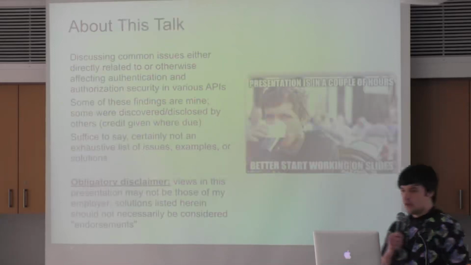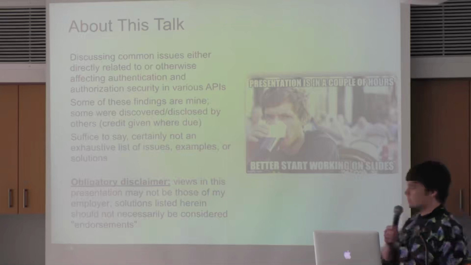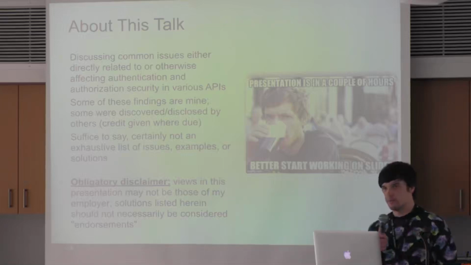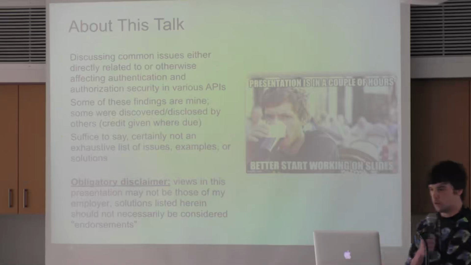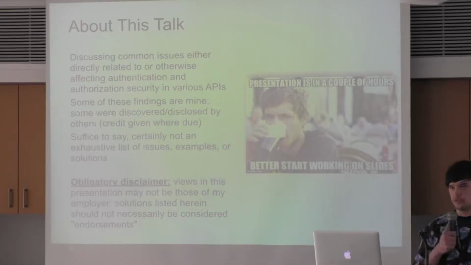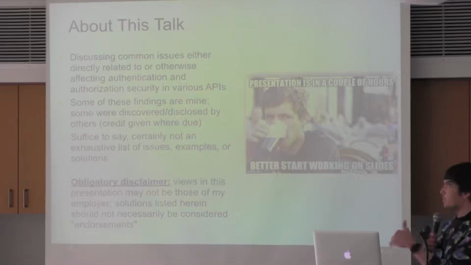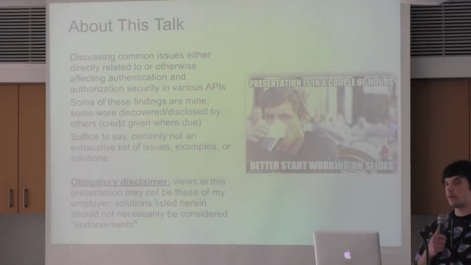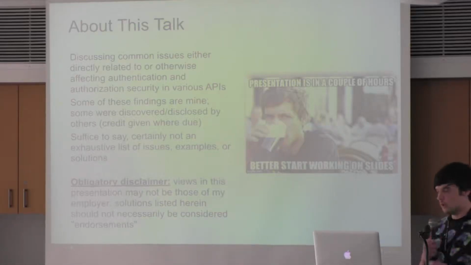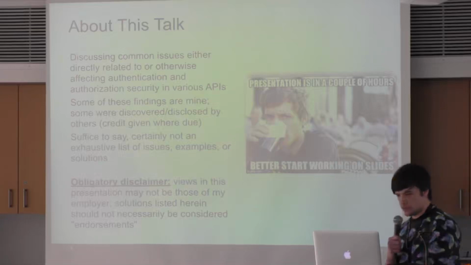So about this talk, we're just going to discuss some common issues, at least ones that I've observed or have observed by proxy, around authentication, authorization, and security in APIs, specifically web service APIs. They don't necessarily have to be issues directly related to authentication or authorization security, but could be an underlying issue that gave rise to one of those issues.